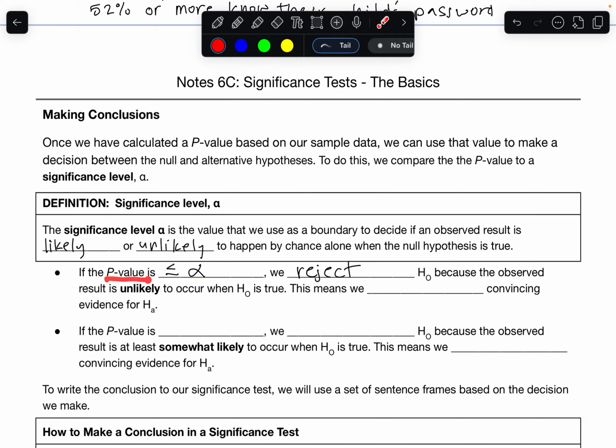If my p-value is less than that, it means I'm further out in that tail, meaning my sample is even more extreme than the cutoff for rejection. If I reject the null, that means we do have convincing evidence to support the alternative.